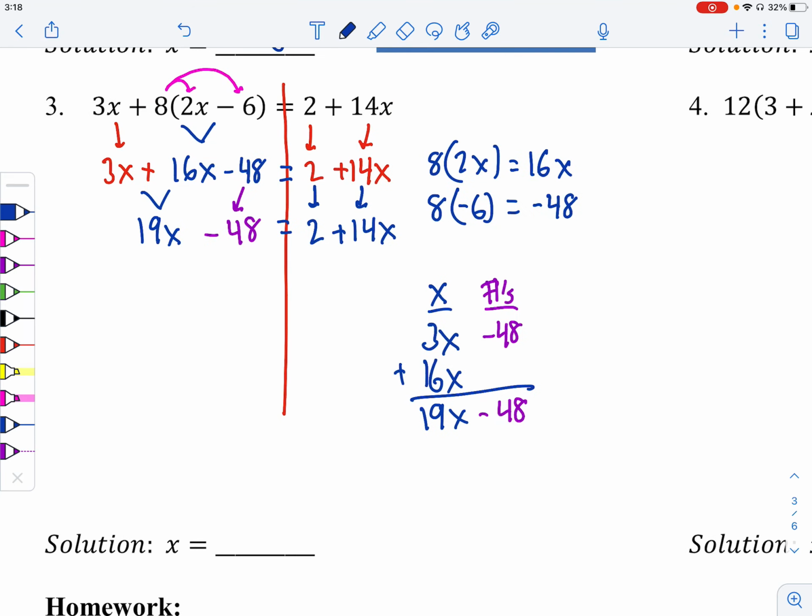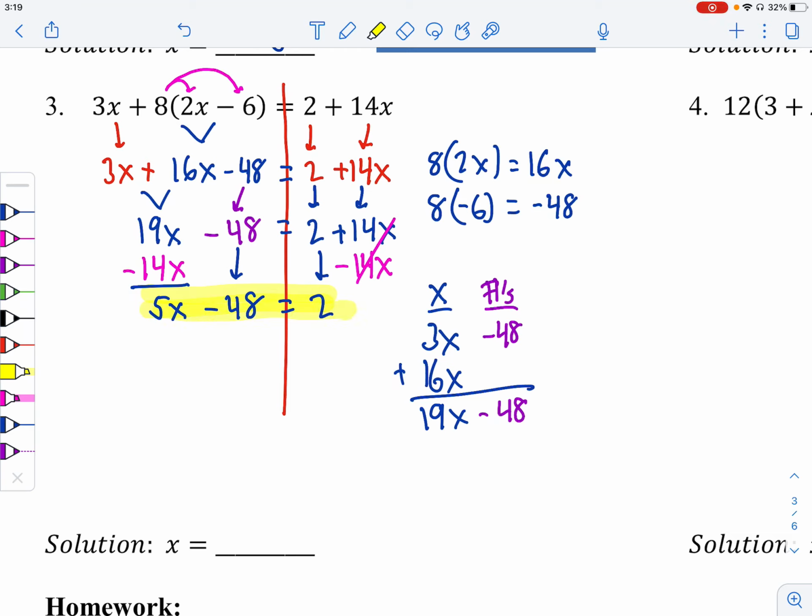Right, so we're going to subtract the variable on the right. So we subtract 14x on the right, and then do the same thing on the left. Get rid of the x's on the right first. And 19 minus 14, 5. So 5x, bring down minus 48, equals, bring down our 2 that's left over. Now we have a two-step equation that we can solve.